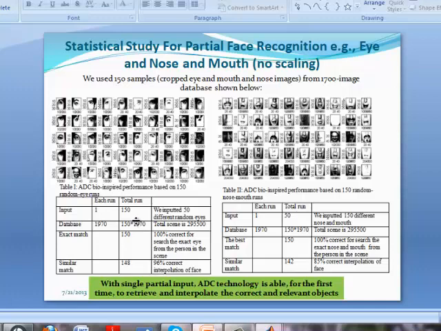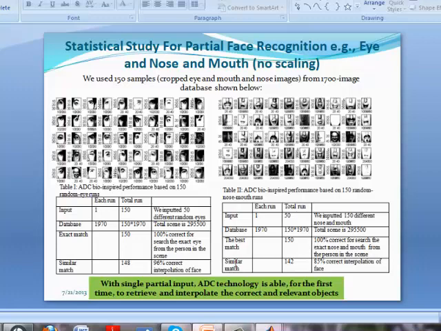When we run it, the exact match is recalled exactly 100% correct. No problem. But for the similarity match, about 448 cases recall correct similarity, so it's about 96%. Now, in mouth and nose, we do the same thing with 150, and the exact match is again 100% correct.